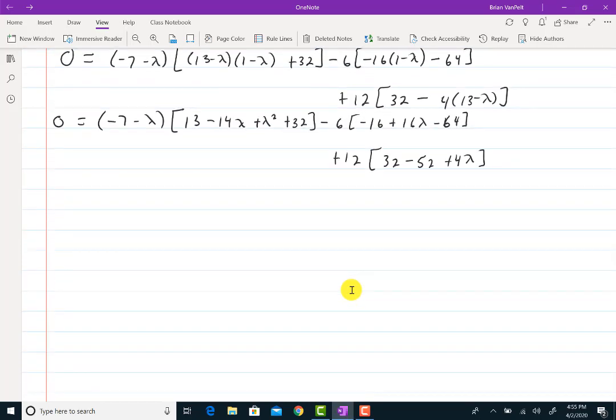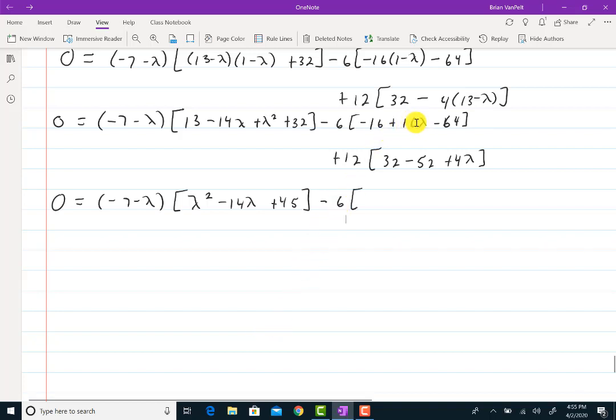Let me continue on. 0 equals -7 minus lambda. Inside of here, I'll clean up as much as I can. It looks like I'll get lambda squared minus 14 lambda plus 45 minus 6 times. In here, I have 16 lambda minus 80. And then for the last piece, I get plus 12 times 4 lambda minus 20.